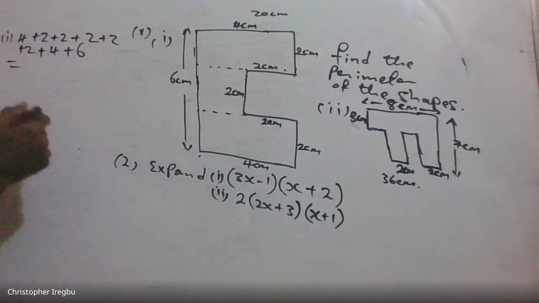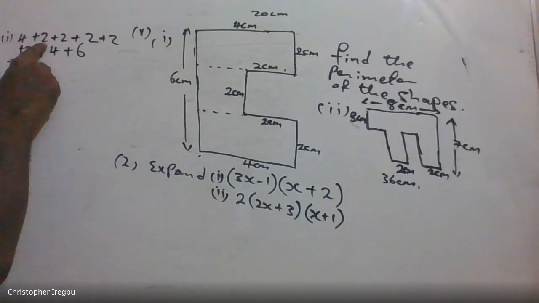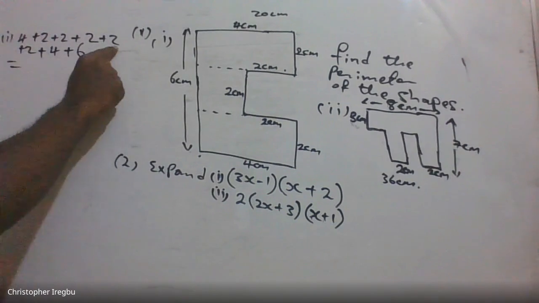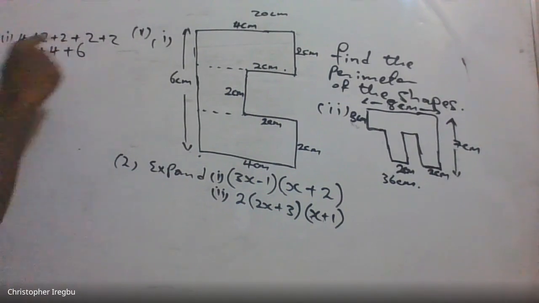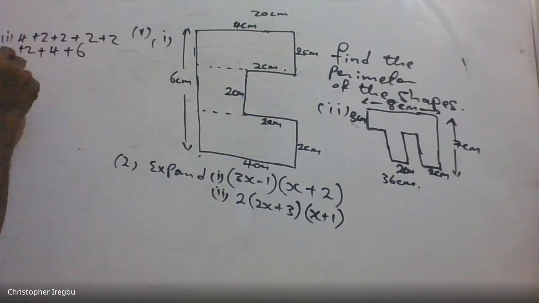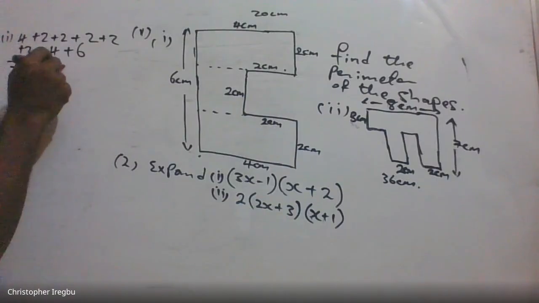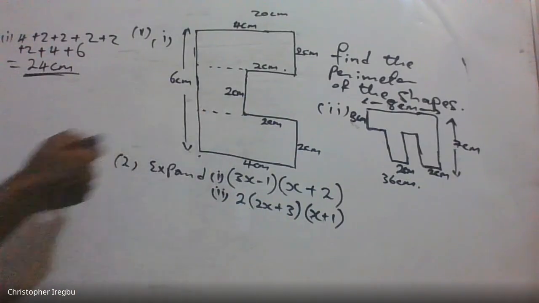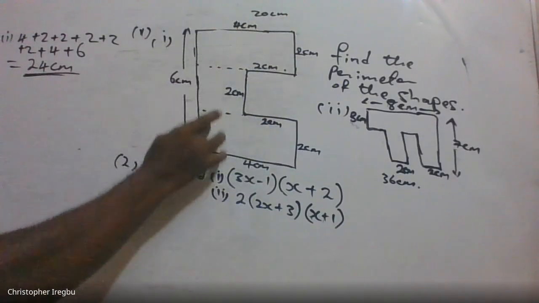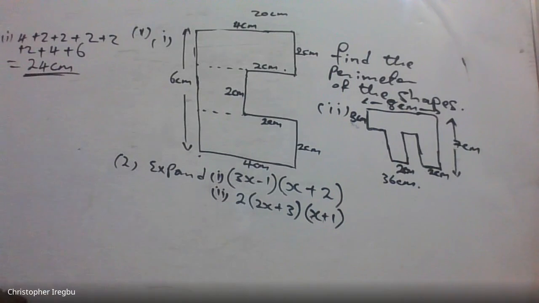This is going to be equal to, we do 4 plus 2, which is 6, plus 2, 8, plus 2, 10, plus 2, 12, plus 2, 14, plus 4 is 18. 18 plus 6 should give us 24 cm. So the perimeter of this shape is 24 cm. This is the sum of all the sides that bound the shape.